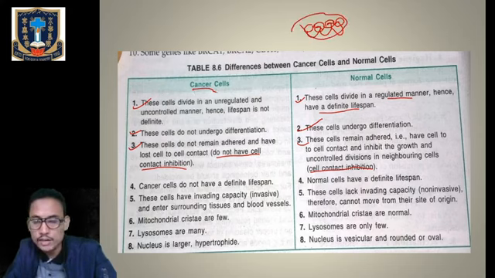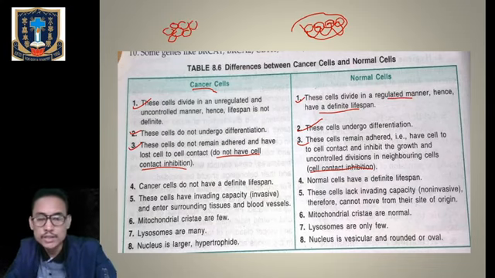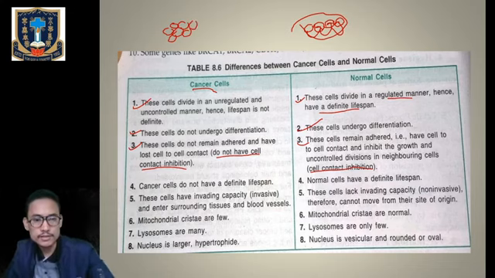So one cell cannot control the growth of another cell. That's why we will find a lump of cells like this, or overgrowth of cells, and this lump of cells will be known as a tumor. So cell to cell contact inhibition is seen in normal cells, but it cannot be seen in the case of cancerous cells.